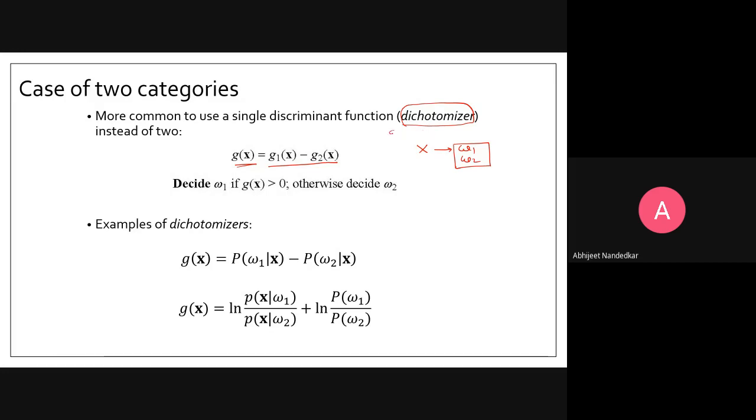So instead of designing G1(x) and G2(x) separately, I can design G1(x) minus G2(x) as a new function g(x). Then I can decide omega 1 if g of x is greater than 0, otherwise I can say it is omega 2. Okay, so if I put it equal to 0, that will give me the decision boundary.